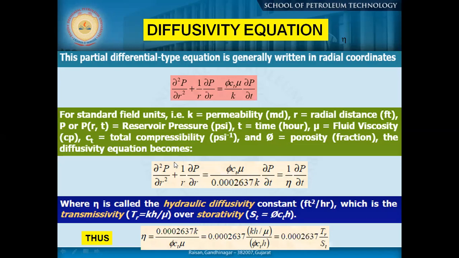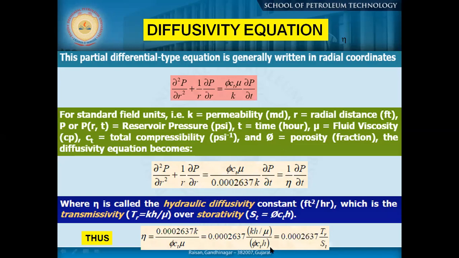So this is the diffusivity equation where we have two important parameters. If you see, this total value can be put in eta form: 1 by eta times dp by dt. This is the partial derivative in the diffusivity equation. Eta is called the hydraulic diffusivity, which means we are considering the flow in diffusion form from the reservoir.